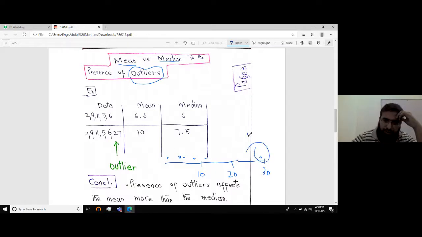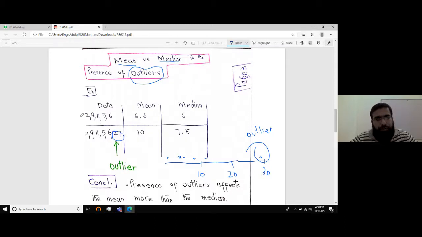That is why we call it an outlier. It lies outside the rest of the data. So 27 is an outlier.